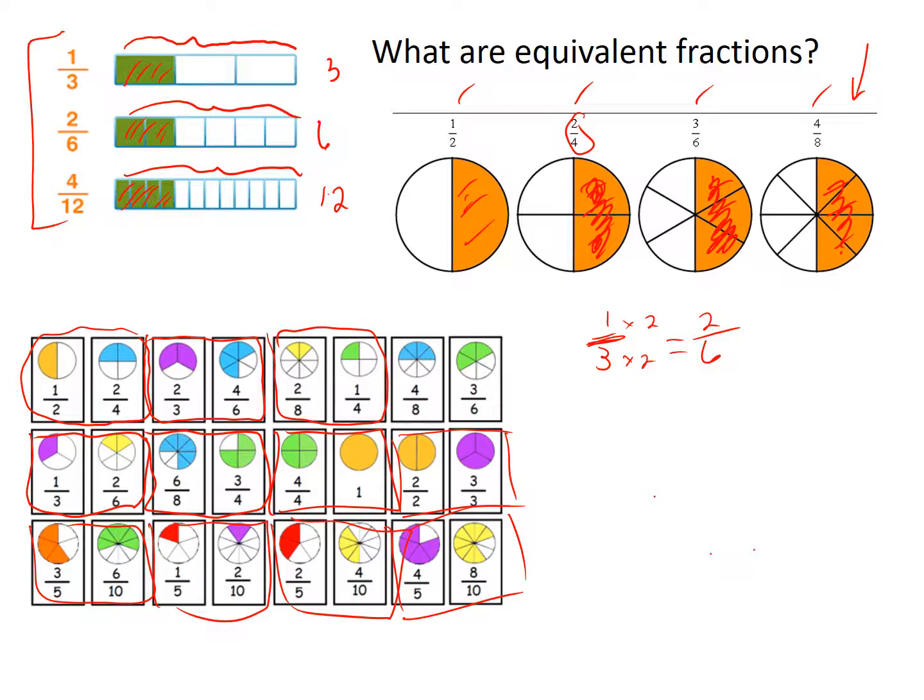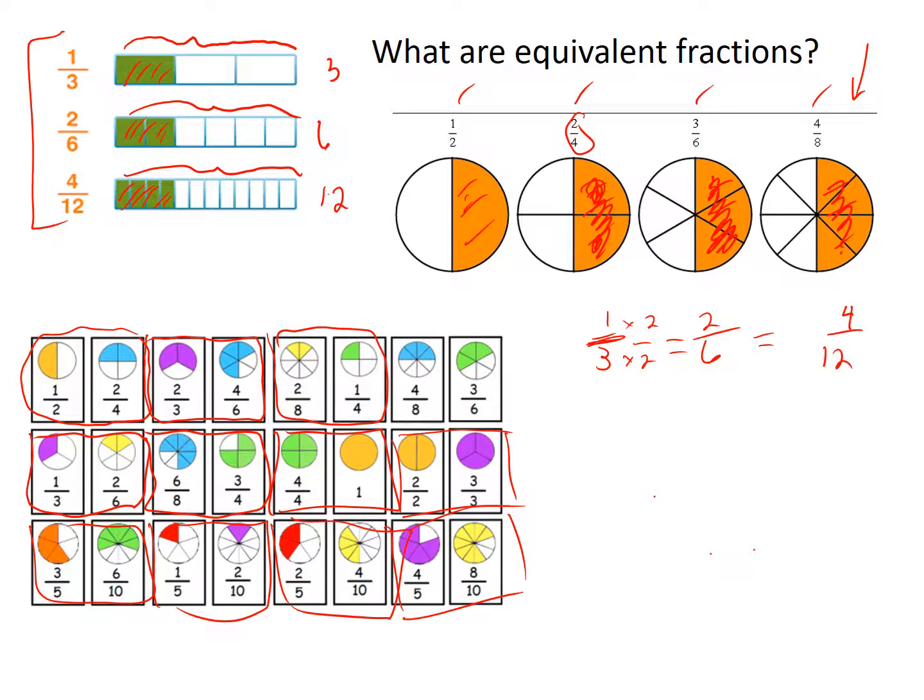So equivalent fractions are multiples of each other. The important thing is that when you multiply, you have to multiply the top and bottom by the same number. So 1/3 makes 2/6, and 2/6 is equivalent to 4/12.